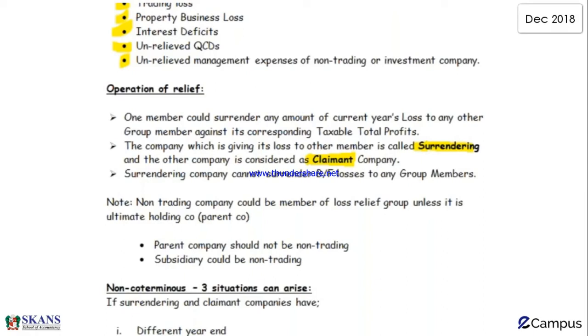But make sure we can only surrender current year losses, as we are not allowed to surrender any brought forward losses. Well, the rule is as strict as this: if these are losses from January to December for A Limited, and A Limited wants to surrender it to another member, B Limited, well, it should be profits of B Limited from January to December. You can only use profits of B Limited for the same period, that is January to December.